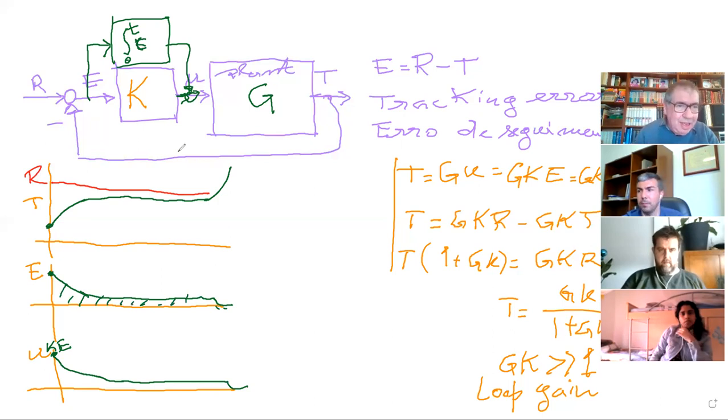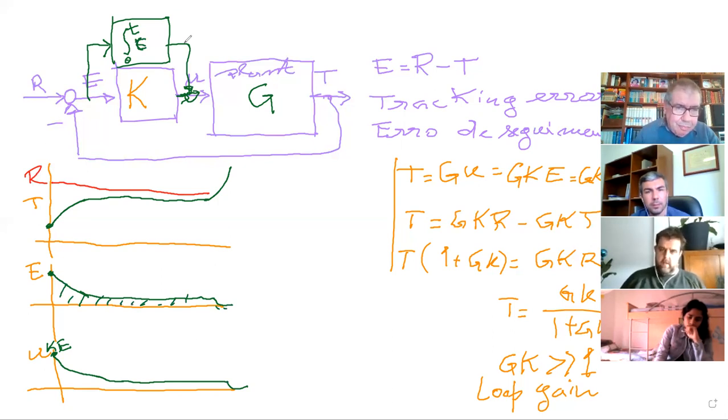It's constant. And you can show it's the correct constant, provided something happens. I will tell you in a moment what is the condition. But an integral can be seen as an infinite gain.